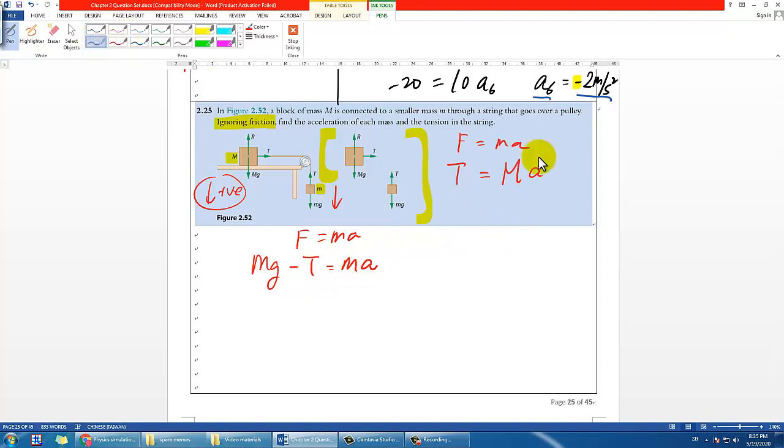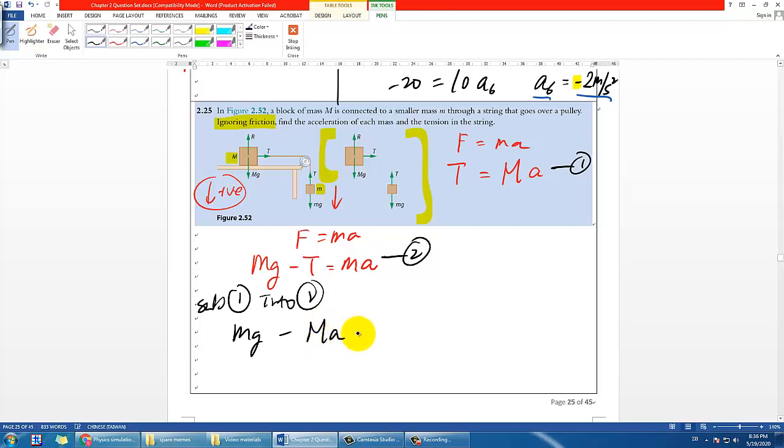So when you have these two equations, you will be able to find the expression easily. If I say this is equation 1, this is equation 2, then I'll simply substitute 1 into 2. So you can have small mg minus big Ma equals small ma.